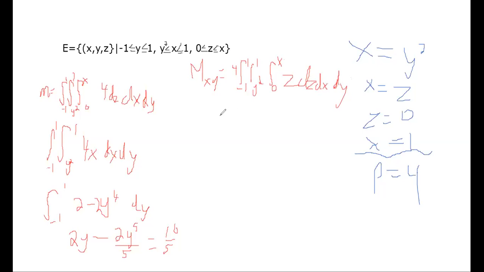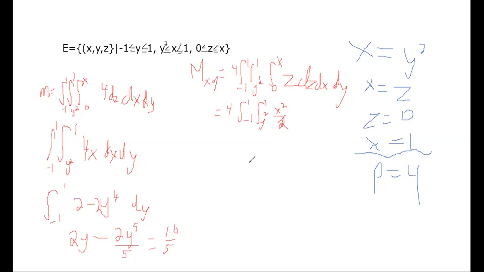And now again, if we work this one out, what we're going to get is 4 going from -1 to 1, from y squared to 1, and then it's going to be x squared over 2. That's definitely a 2.